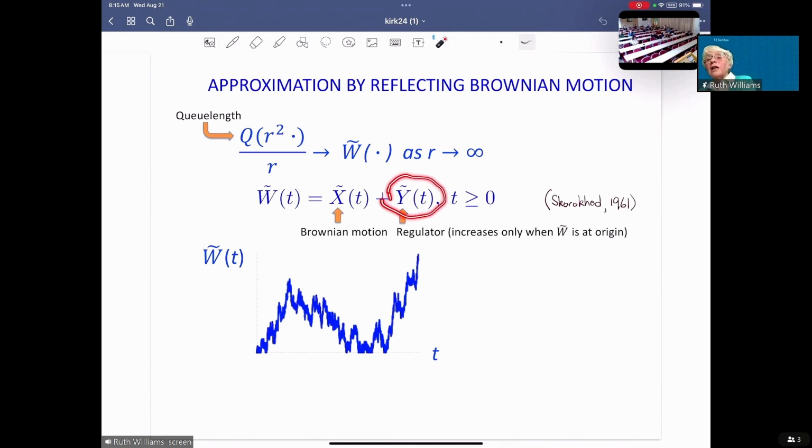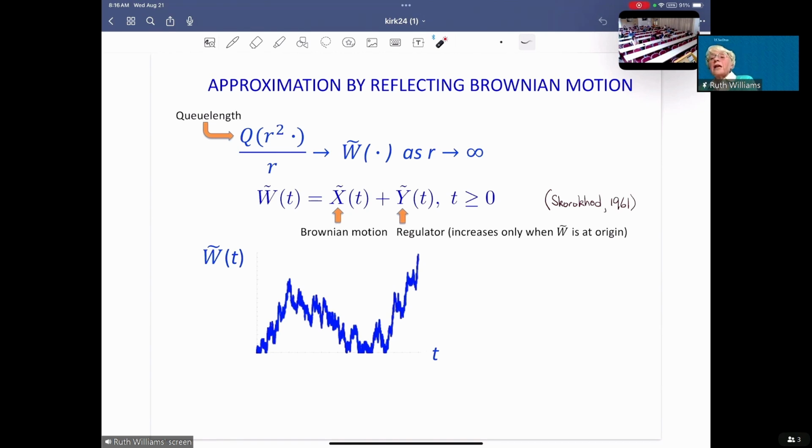This process increases just the minimal amount to keep the sum of the Brownian motion and that process non-negative, so that this W tilde will always be non-negative. This process is sometimes called a regulator. It's a continuous increasing process, but it only increases on this boundary. For people who know control, this is a bit like singular control at the boundary to keep the process non-negative, just as queue lengths are non-negative. This boundary process corresponds to the limit of renormalized idle time for the server.